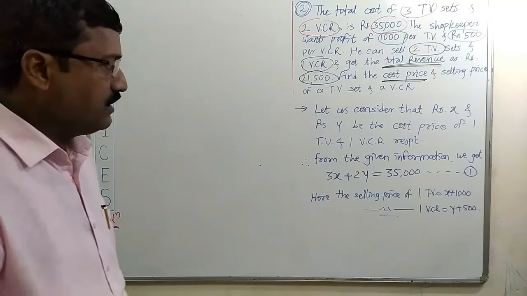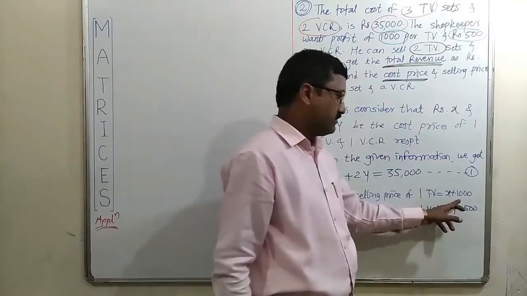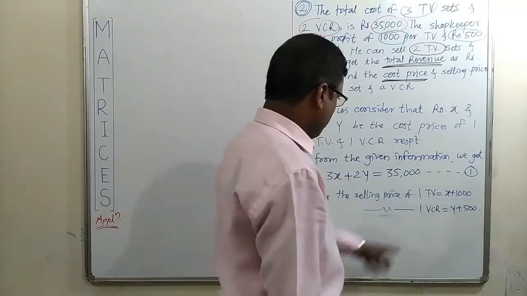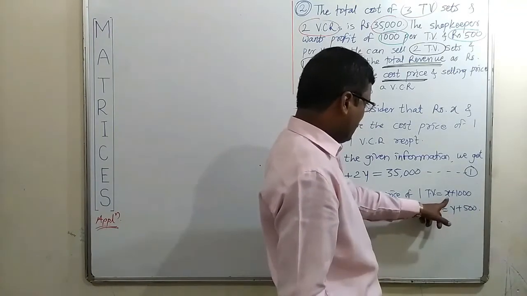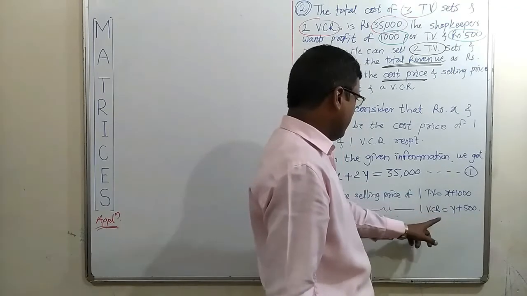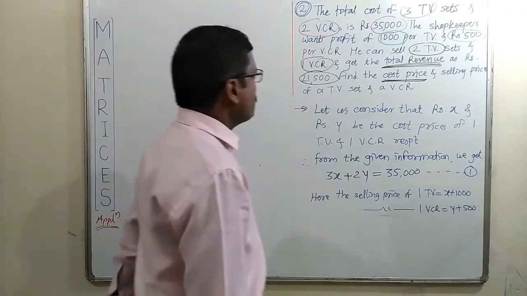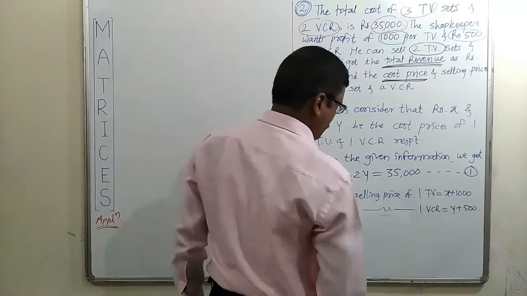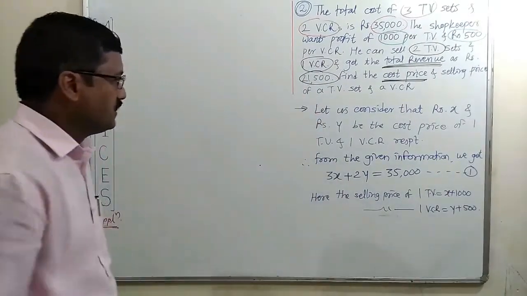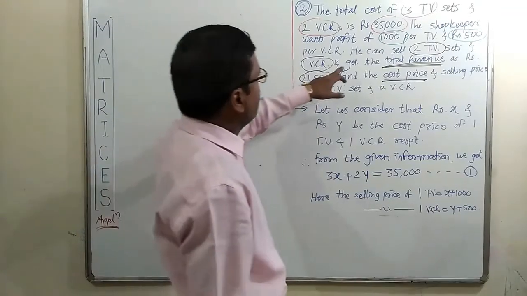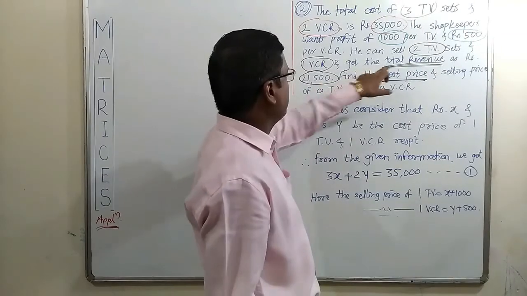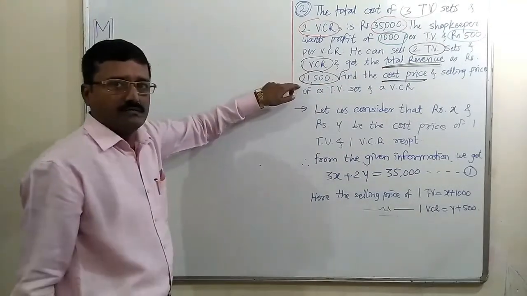Understood how we get these two values? Because profit is given as 1000 and 500 respectively on TV and VCR, and the cost of 1 TV is x rupees and the cost of 1 VCR is y rupees, so we get those selling prices. Now the next is given, he can sell 2 TV sets and 1 VCR to get the total revenue.